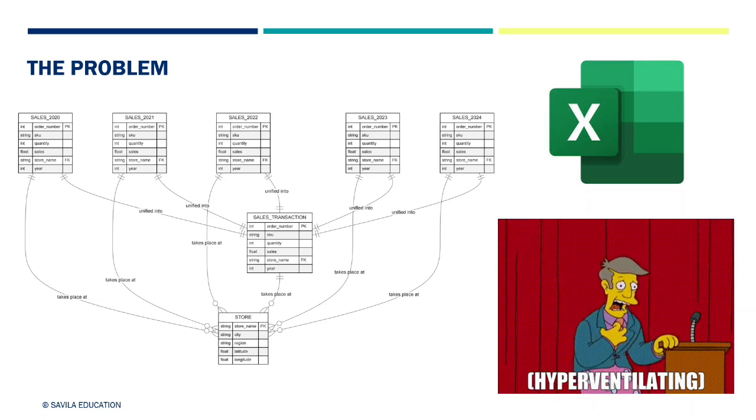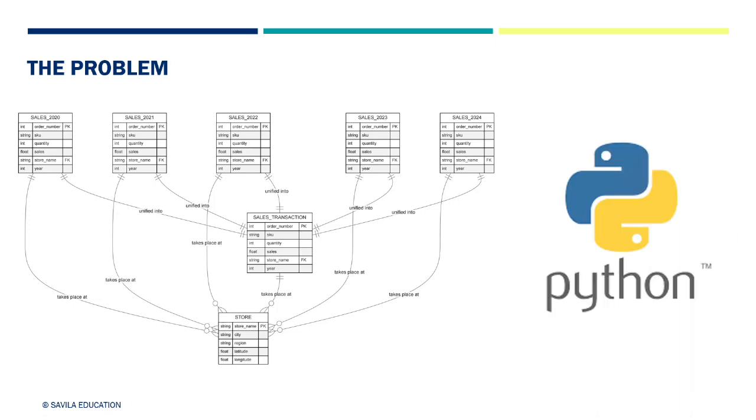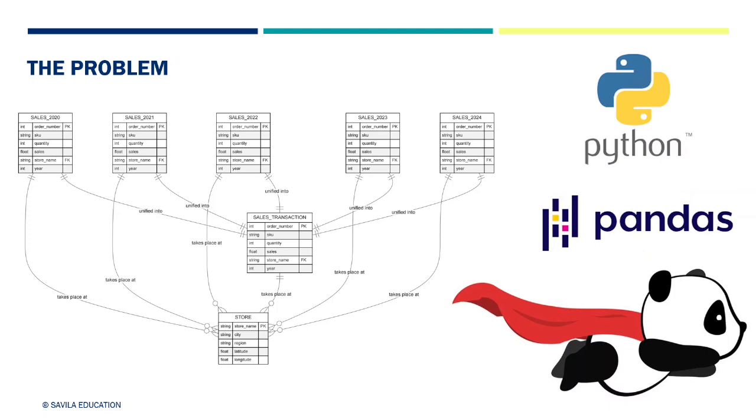I know it sounds difficult, but I'm going to show you how we can leverage the power of Python and pandas to tackle this problem. So I hope you are excited to look at this code-along tutorial, and let's jump right into it.